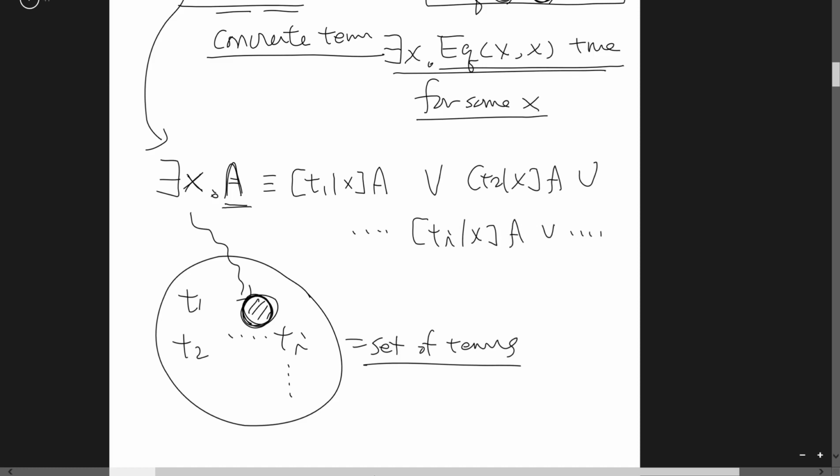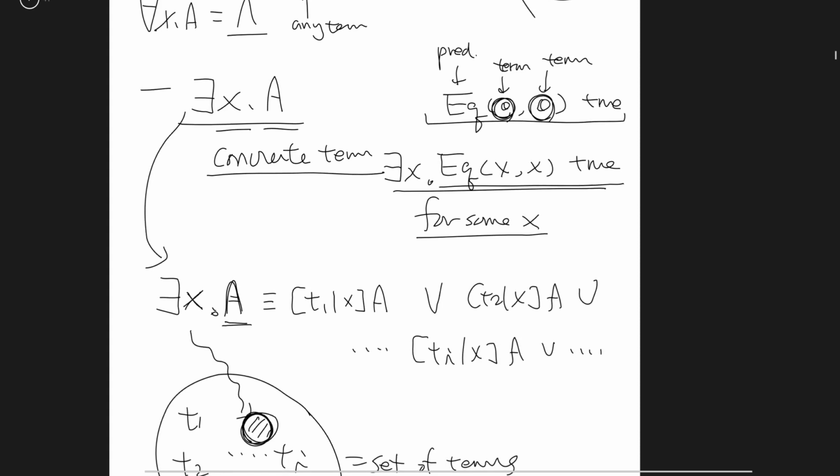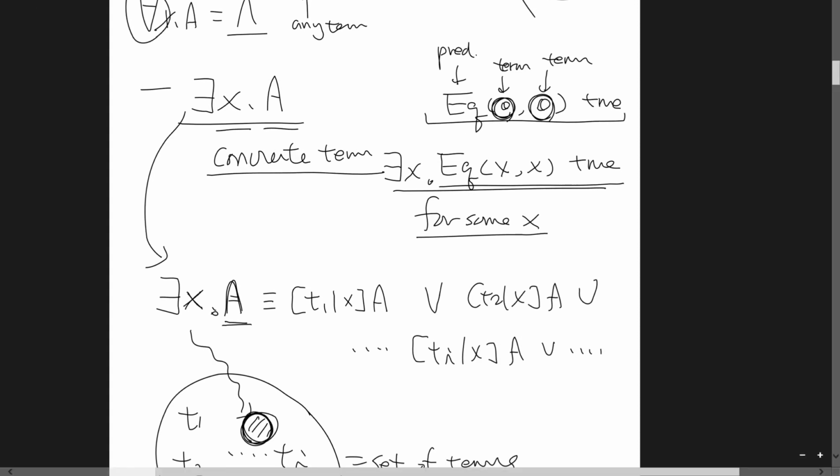So we see complete symmetry between universal quantification and existential quantification here. Universal is infinite conjunction, and existential quantification is infinite disjunction.